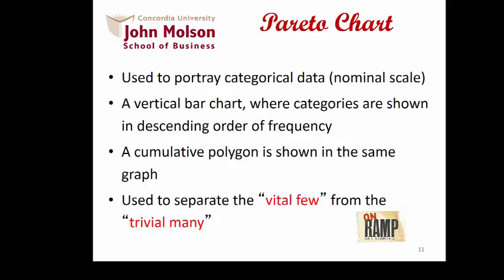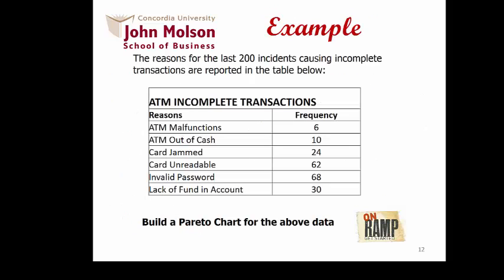And the cumulative polygon is shown on the same graph. It is used to separate the vital few from the trivial many. Let's think about that. There are only a few reasons that are very popular among respondents, and many trivial ones.